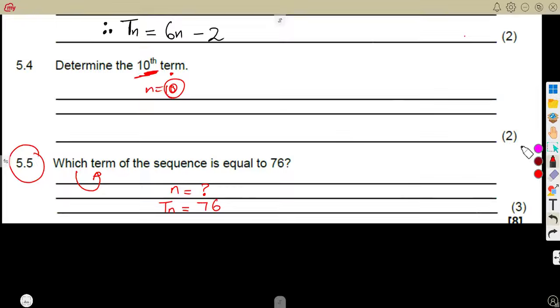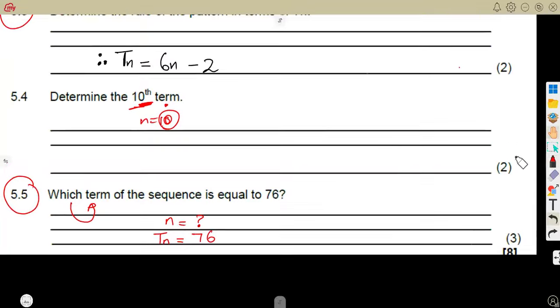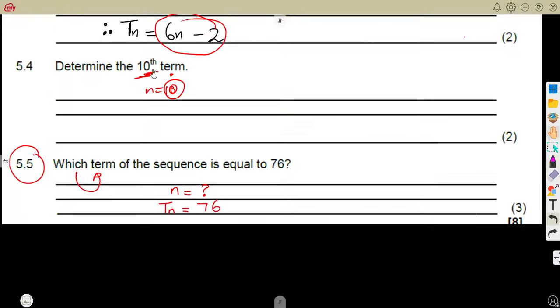So we're going to use that equation. Remember, our Tn is equal to 6n minus 2. So this type of equation, you must be very careful. It's different from this that has got 10th, 15th, and this and that. This one, you solve for n. You take this 6n minus 2 and equate it to this one because that is the same Tn.